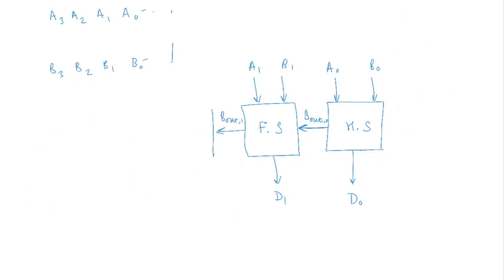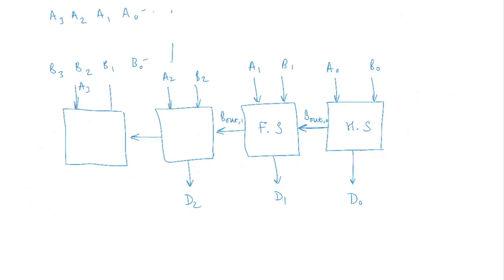And similarly you'll have another full subtractor here to subtract A2 and B2 and give an output D2, and another full subtractor to subtract A3 and B3. It gives a difference D3, and this is B out 2, and this is B out 3, right? So that is your 4-bit subtractor circuit.